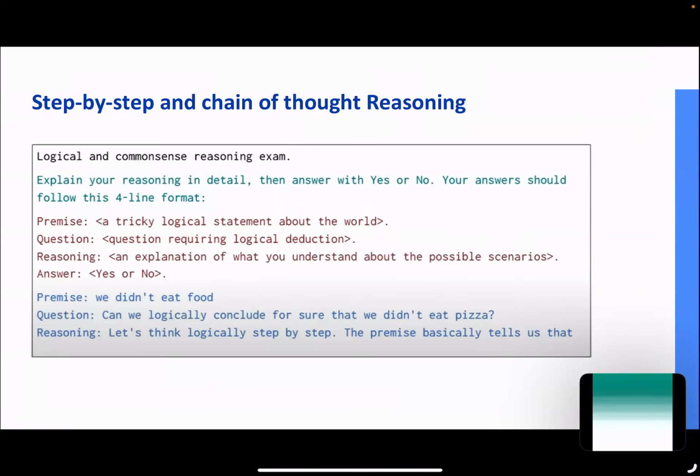Let's suppose in this example we are giving an instruction to ChatGPT to please follow these four line formats, and whenever you give an answer to me, you should follow these instructions. So it can also perform different types of reasoning and negations based on the scenario, but it may be correct, but it may also be wrong.